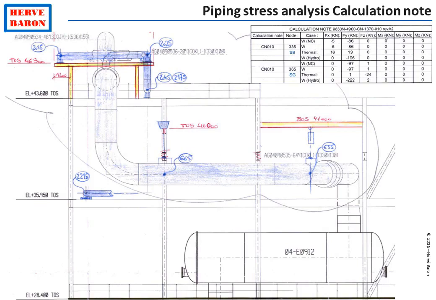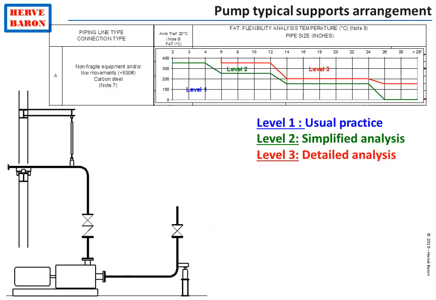Not all lines are subject to a detailed calculation. A classification is made to identify which lines shall be subject to a detailed calculation, which lines shall be subject to a simplified calculation, and which lines will not require any calculation but will just be routed and supported as per usual practice.